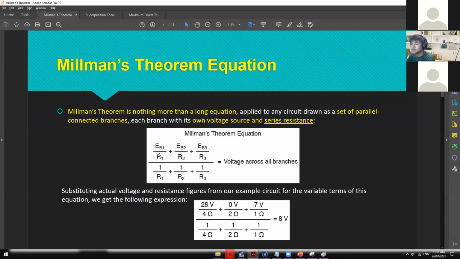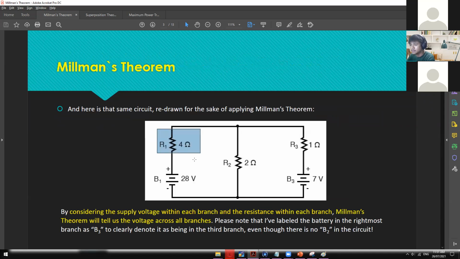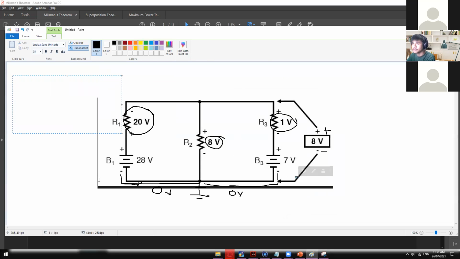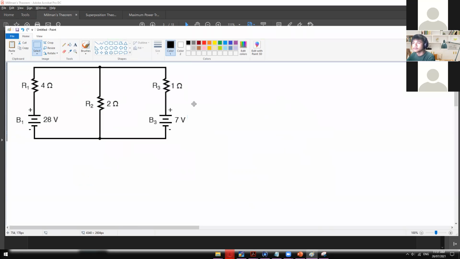Balikan natin yung value ng R1. R1 is this one, 4. Okay? So, kunin ko na lang to. And then, let's now solve for the current. Okay?